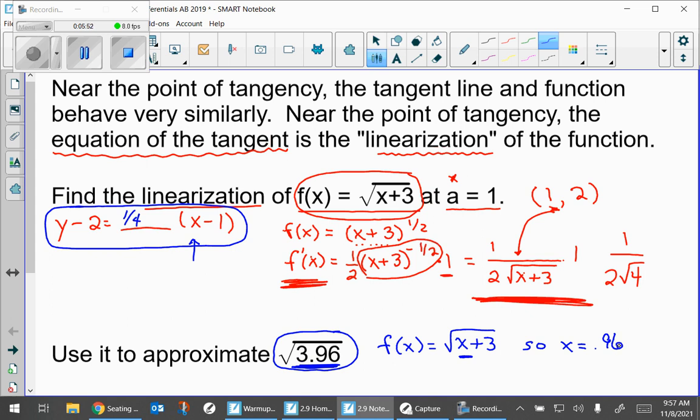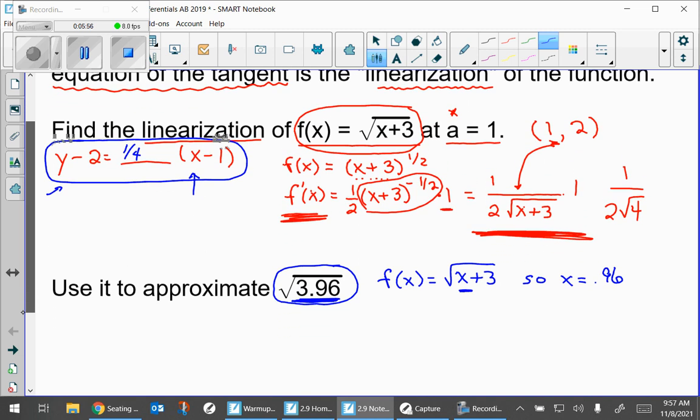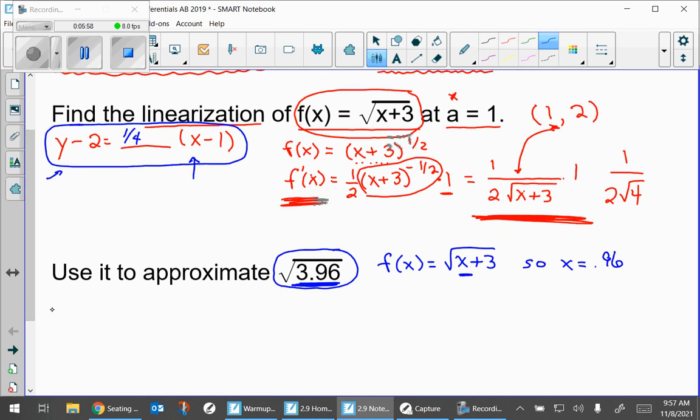So I'm going to use this blue circled equation up here. I'm going to say that y minus 2 equals 1/4 of x, you said was 0.96, minus 1. Okay. y minus 2 equals 1/4.